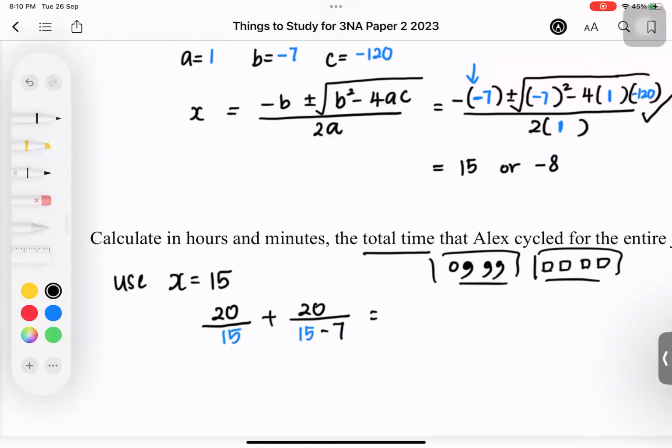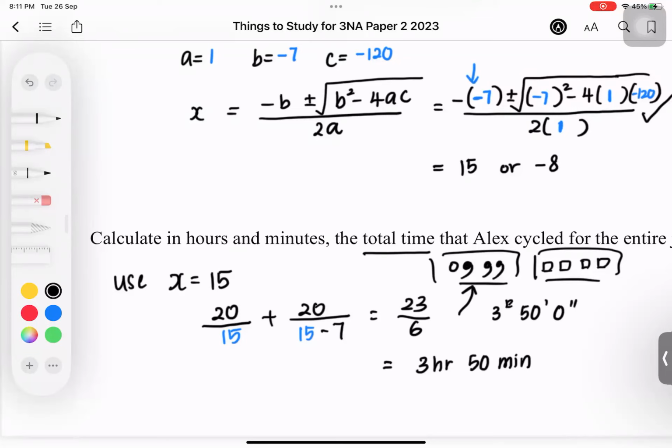Press equal, you will get 23 over 6, right? After you press equal already, try pressing this button straight away. If you press this button straight away, it will convert for you 3 hour 50 minute. It will come out as this, right? So this means it's 3 hour 50 minutes.